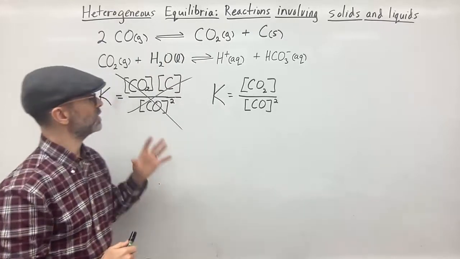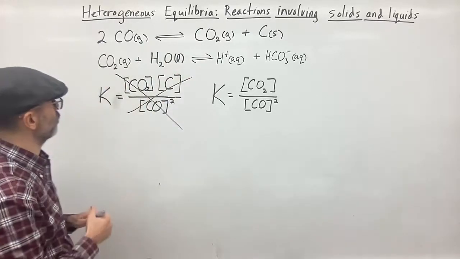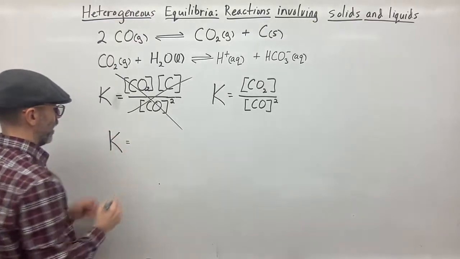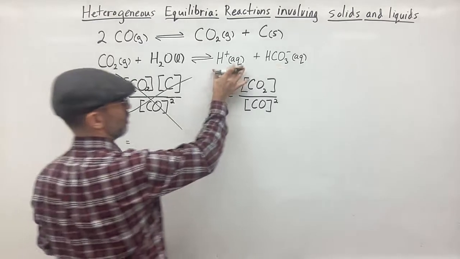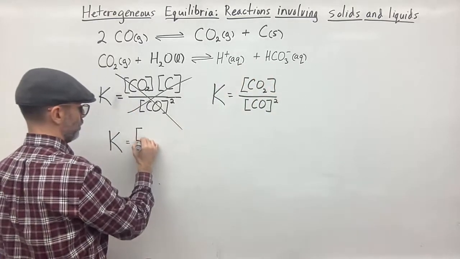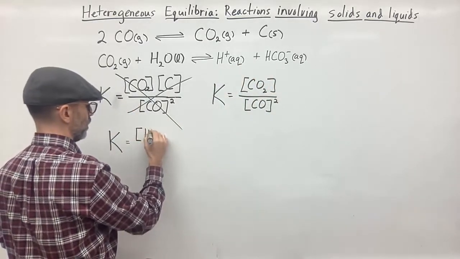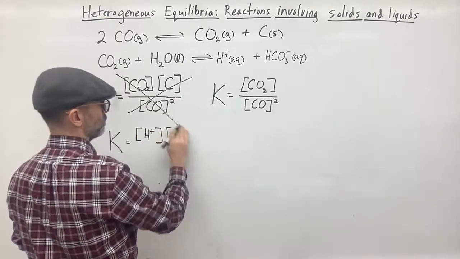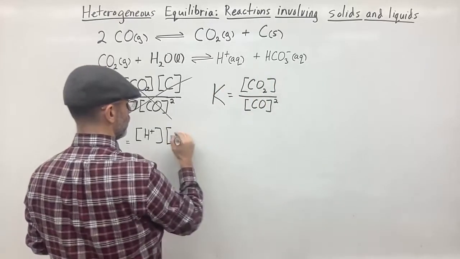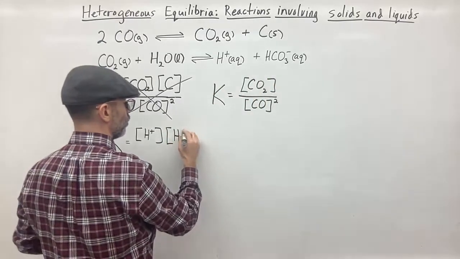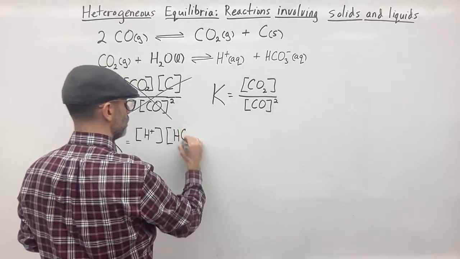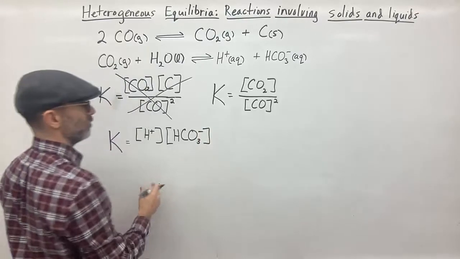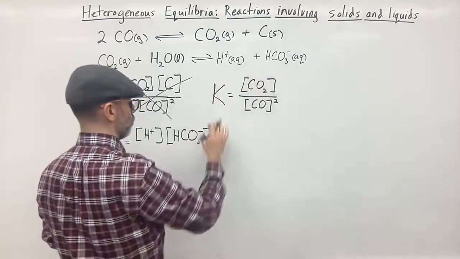And so the same thing would go for this reaction here. So you might think, based on what we said before, that the K value would be equal to the concentration of H plus raised to its power, which is 1, multiplied by the concentration of this ion here, your hydrogen carbonate ion, HCO3 minus, raised to its power, which is the coefficient 1.